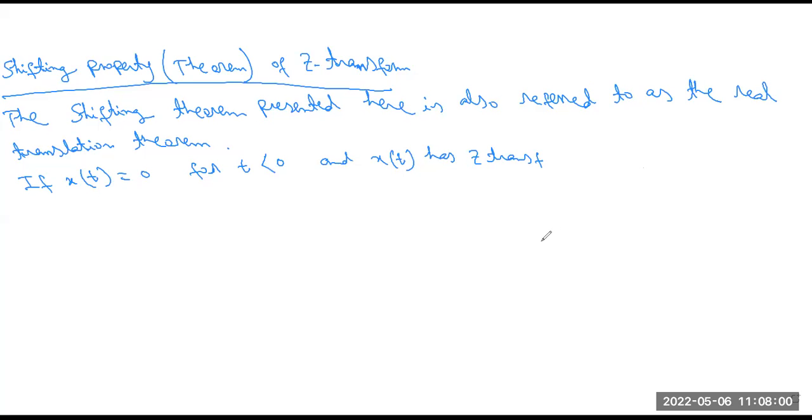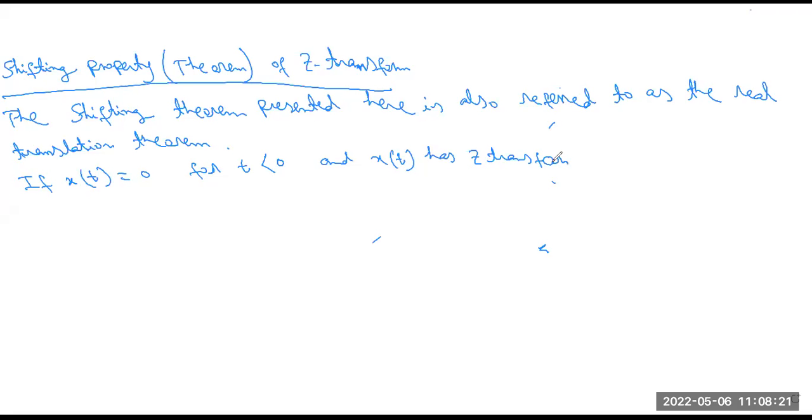So the Z transform also exists, we know that. Then we have to write two parts: one is the positive shift, another one is the negative shift.